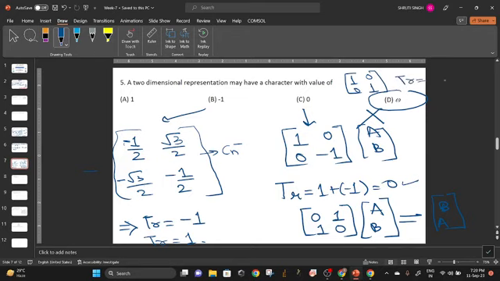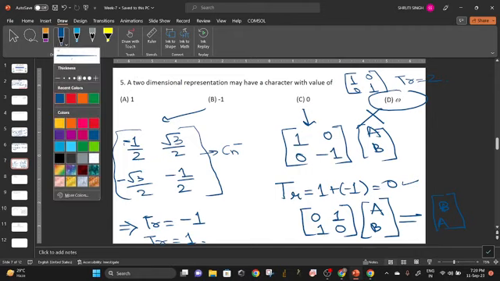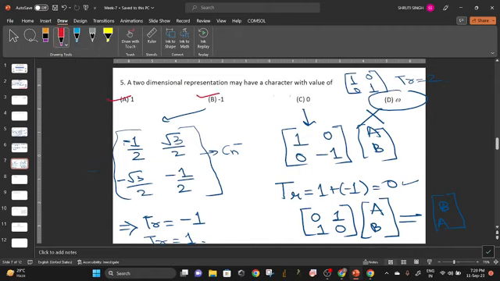Here the trace is 2, and yeah, like that. So for this question, the correct answer will be A, B and C, all three. Only D is not possible because this will make the basis imaginary.